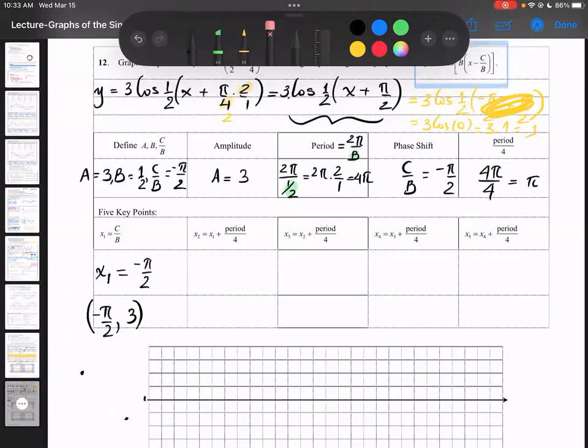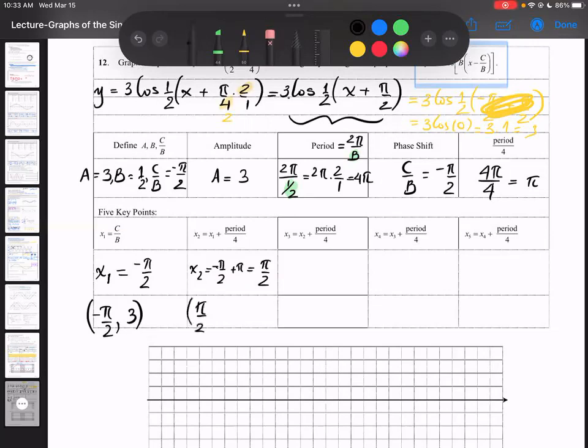So the next point, x2 is equal to x1, which is negative pi over 2, plus the period divided by 4, which is pi. Negative pi over 2 plus pi equals pi over 2. So x2 is pi over 2.